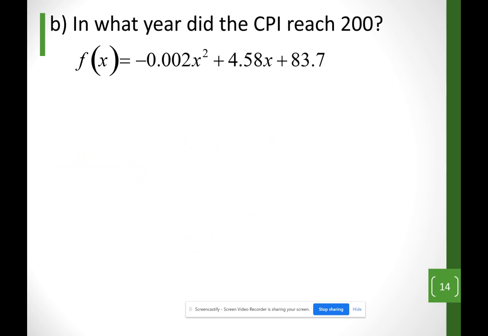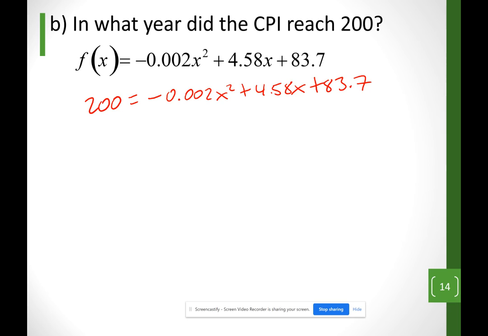Okay, so now, in what year did the CPI reach 200? So when is this 200? What I have here is 200 is equal to negative 0.002x squared plus 4.58x plus 83.7.